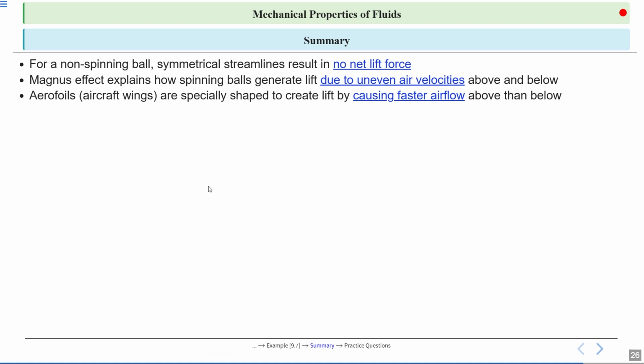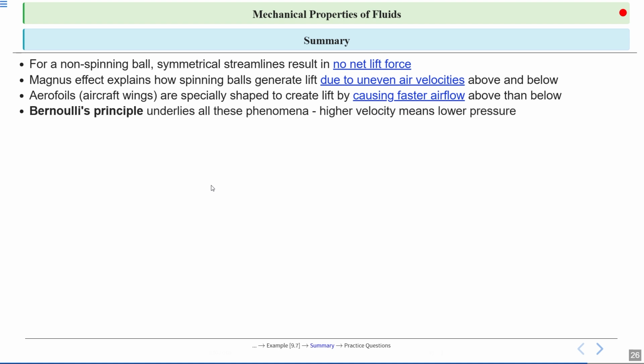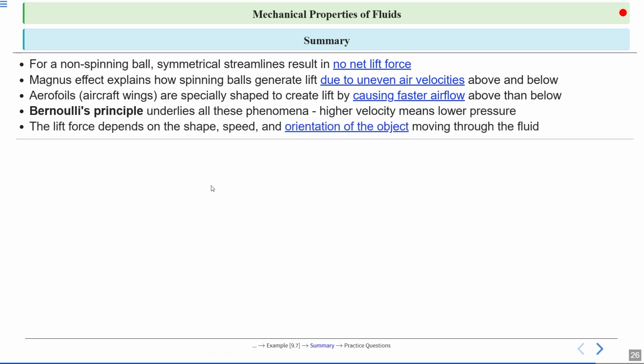Aerofoils, aircraft wings, are specifically shaped to create lift by causing faster airflow above than below. Bernoulli's principle underlies all these phenomena. Higher velocity means lower pressure. The lift force depends on the shape, speed, and orientation of the object moving through the fluid.